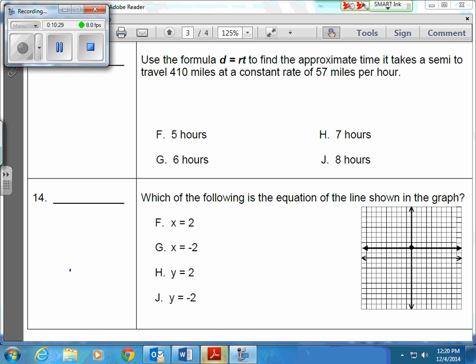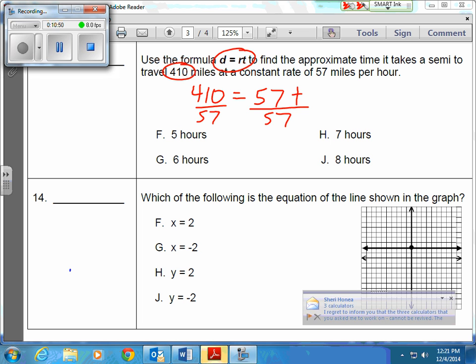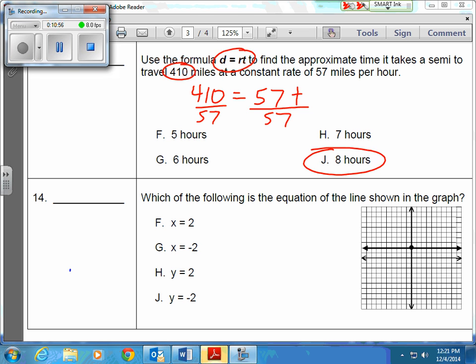All right, number 13. Using D equals RT. Our distance is 410 miles. Our rate is 57 miles per hour. And our time is what we are unsure about. So when we divide by 57 on both sides, we get about 8 hours total.